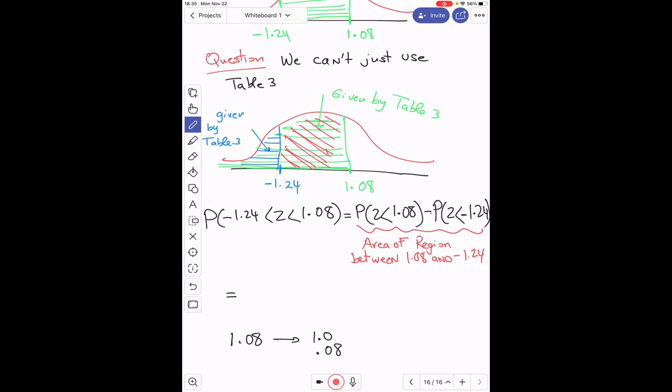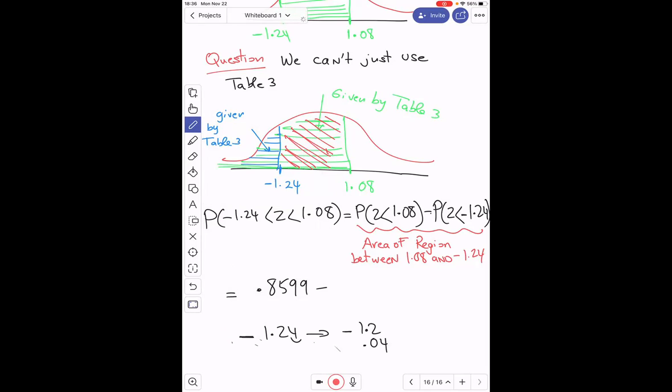There it's 8599, so this is 0.8599, minus. Then you have negative 1.24, which is a negative number. The nearest tenth would be negative 1.2, and the nearest hundredth is the 4, so that's 0.04.